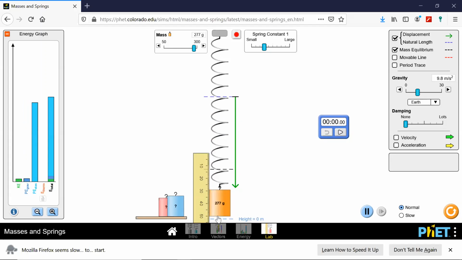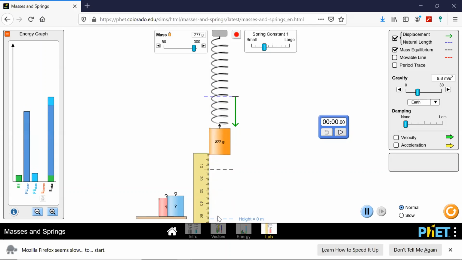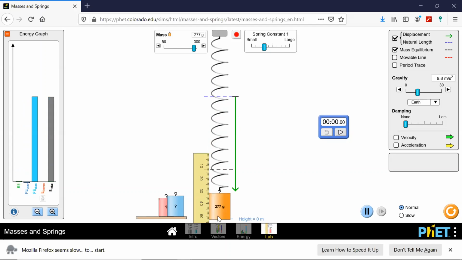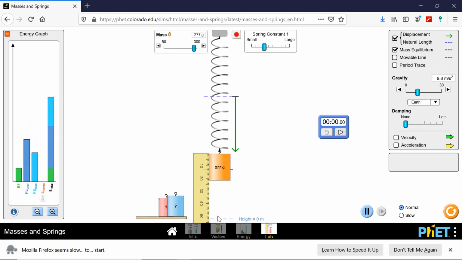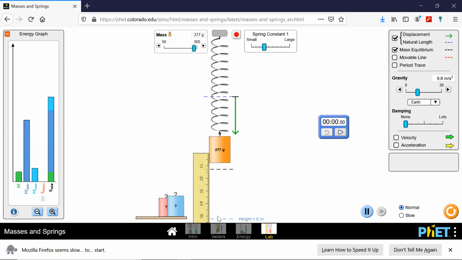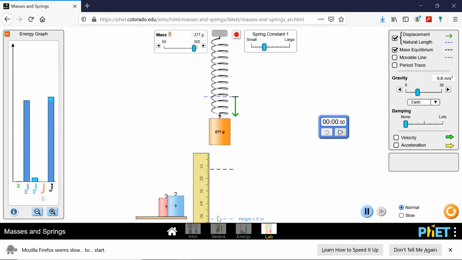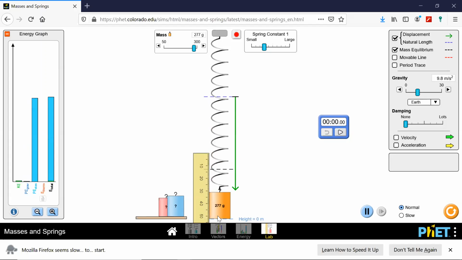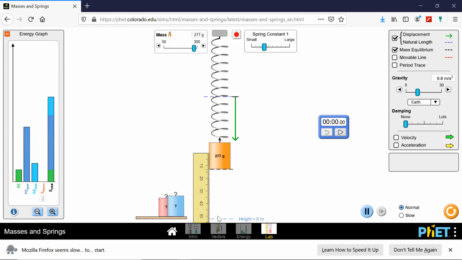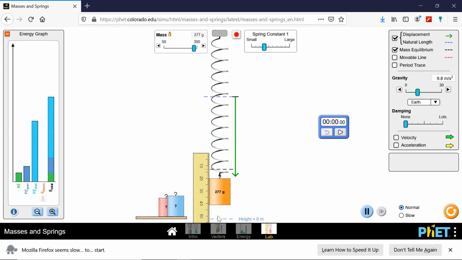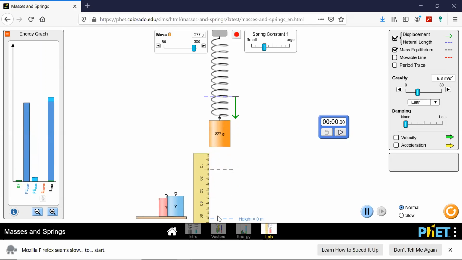How would you find that out? What do we mean by total energy of the system?